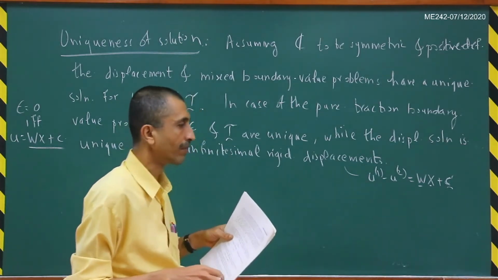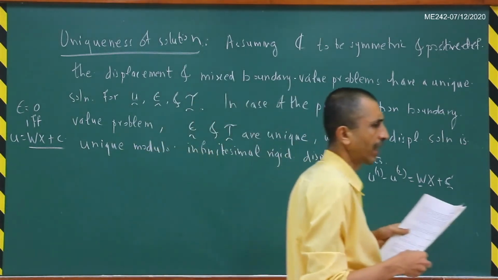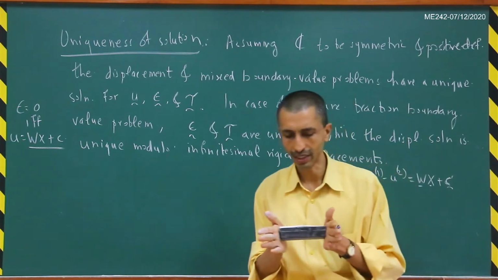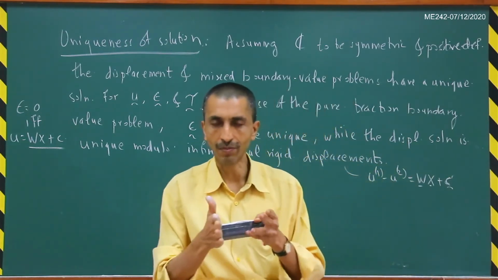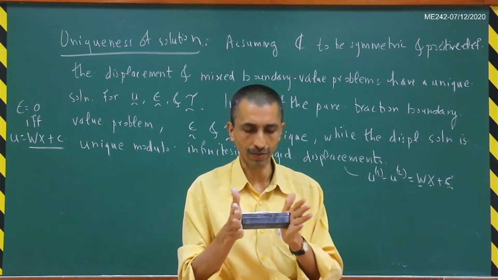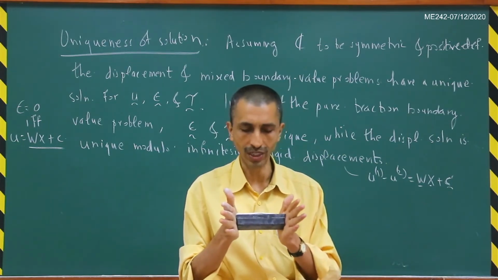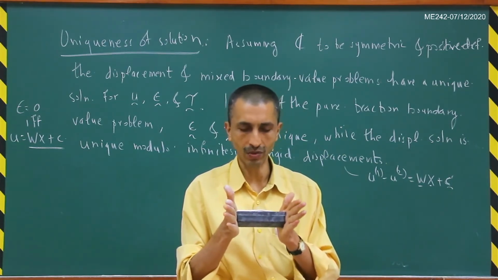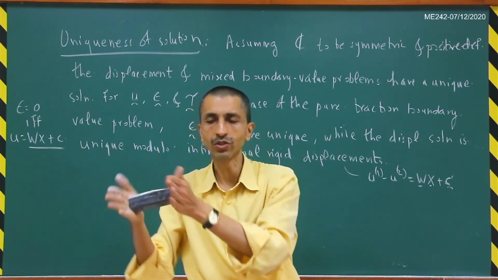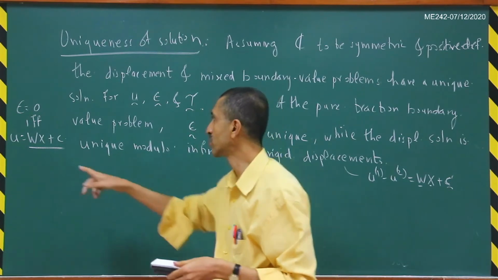boundary value problem. I think in the last class I had already explained this particular thing, right? Suppose you are applying some traction on one face and an equal and opposite traction on the other face, so that this body is in equilibrium, right? And then you can see that I am translating this, or I am also able to rotate it, right? So this basically corresponds to this W x plus c.